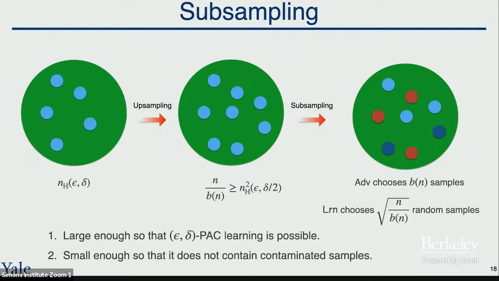The second reason is that it is small enough that it's not going to collide with the choice of the adversary. The probability that this set contains any contaminated data point is small. With very high probability, delta over 2, it is not going to contain any data point that the adversary changed. Hence, it's going to be PAC learning.